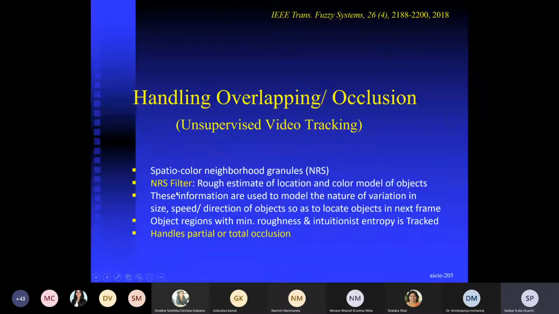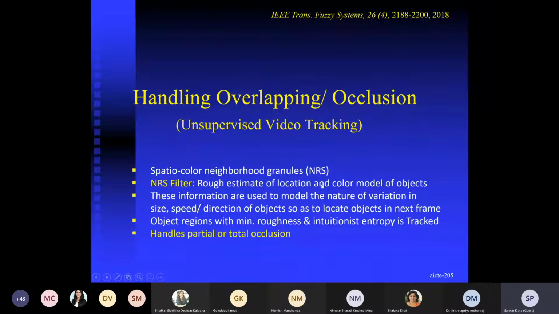It gives a rough estimate, in terms of lower approximation, of the location and the color model of objects. So if I have p previous frames, for every frame I will get a lower and upper approximation indicating the location of the objects as well as the color model. That means the gray values of the models in terms of lower and upper approximation.